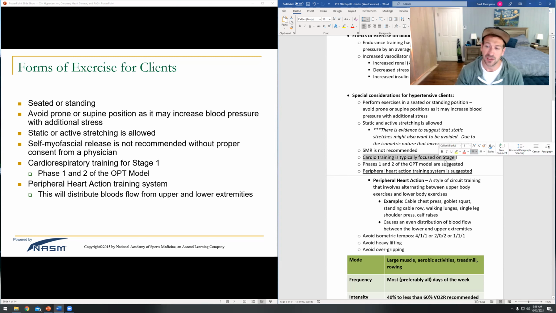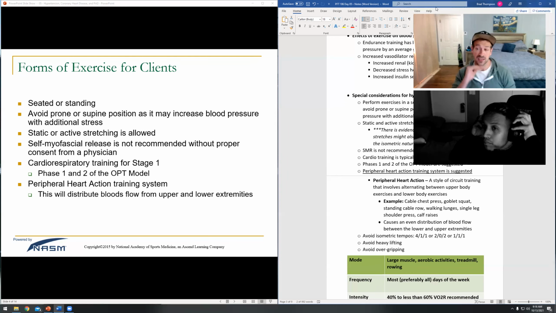Cardio training, typically we are going to focus on stage 1 only. So we're really not going to take their heart rate any higher than about 75% of their heart rate max. We want our client, if they're doing cardio, to be somewhere between 65 and 75. We think about the Talk Test, that should be somebody who can hold a conversation comfortably the whole time.